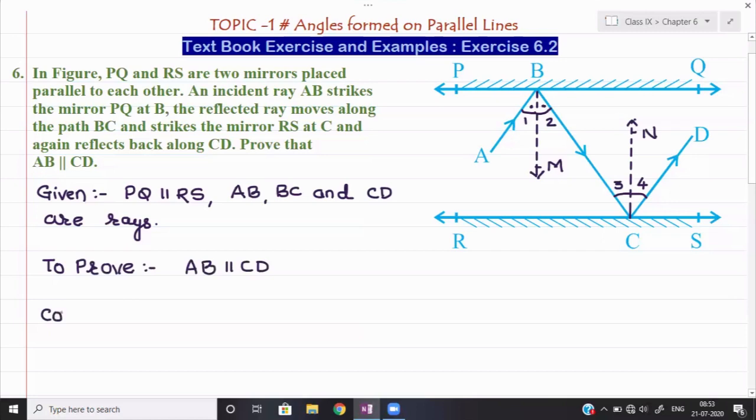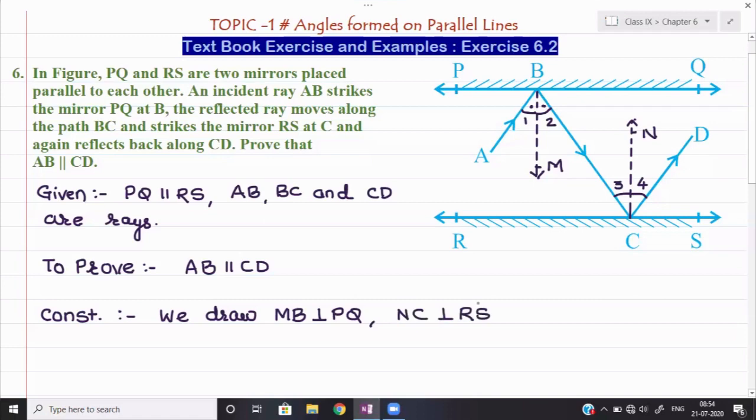We shall now write down the construction, because a major construction we have done here. So the construction is: we draw MB perpendicular to PQ, and second, NC perpendicular to RS.